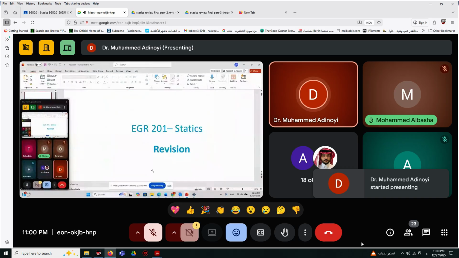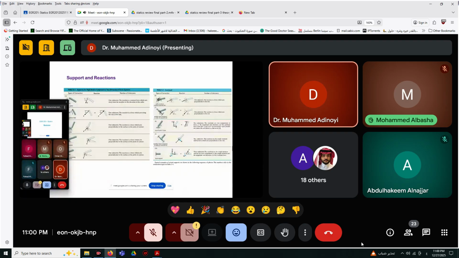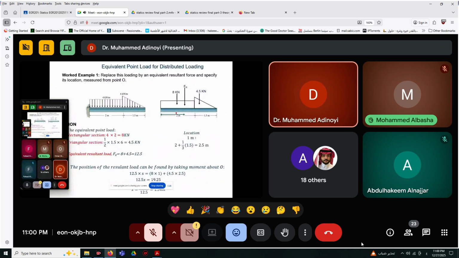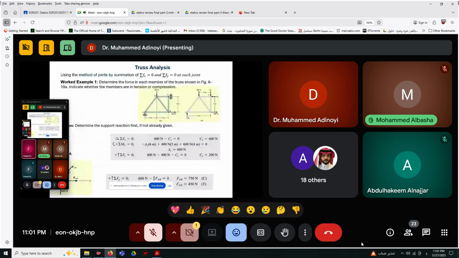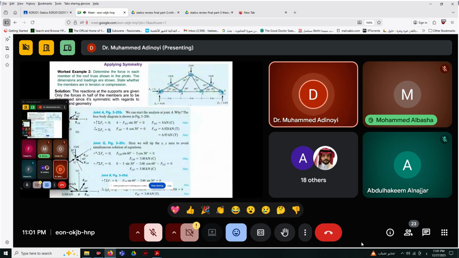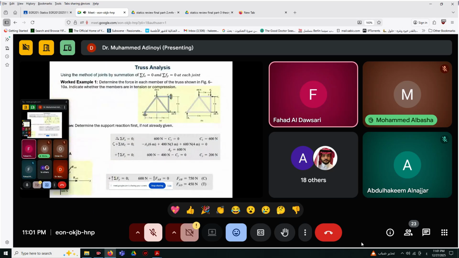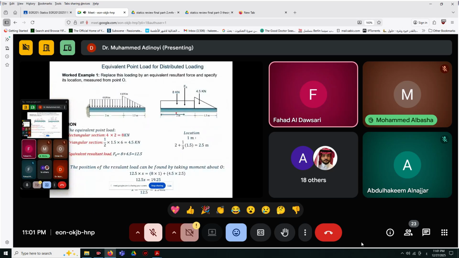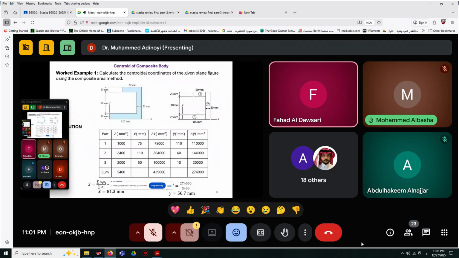Sorry, is it this one or this one? Yes, this one. Page number what? Number 10. When you read there, tell me. Is it here? Okay, no, up, please. Up.